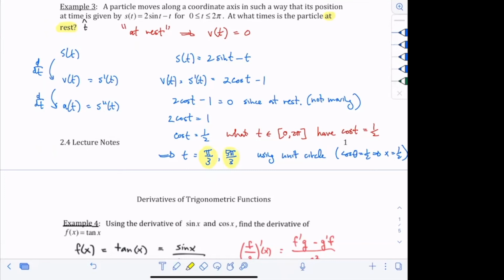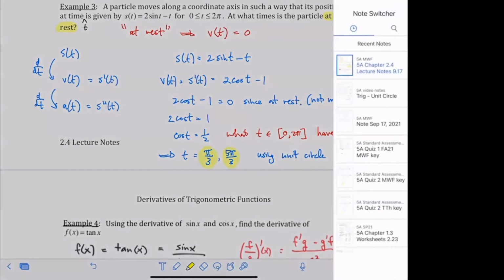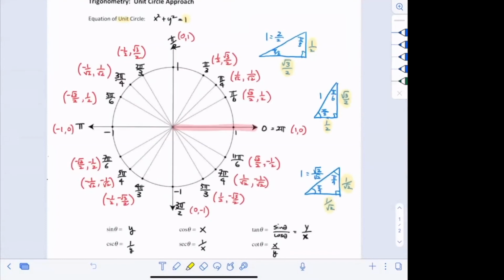Professor, is that the time, like we answer the time using a pi, or do we have to simplify it to 3.14 over 3? I'm not sure what you're asking me, but our answers will always be in radians. I know you guys are used to punching things into your calculator, but you have to get used to all these strange looking numbers like root 3 over 2, 1/2, 1 over root 2, stuff like that.